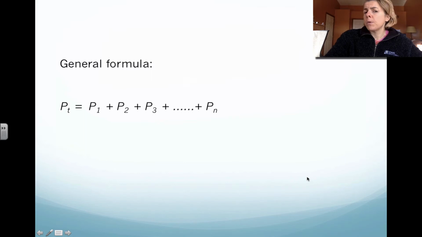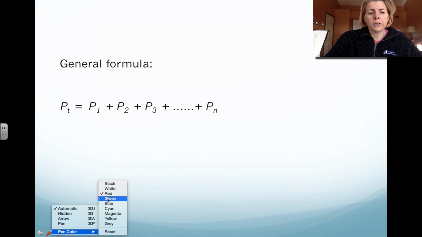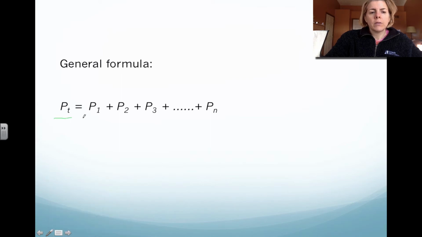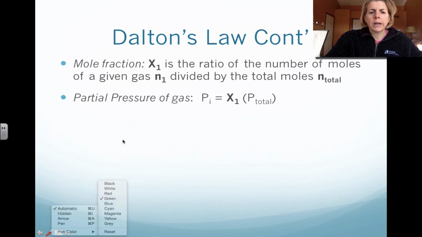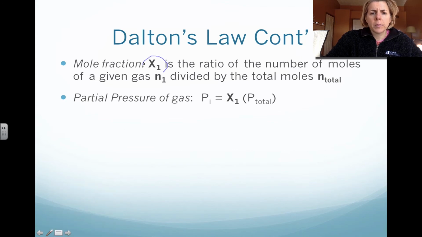This is the general formula. PT is the total pressure, and we're looking at the individual pressures and just summing them up. So if we have 5 gases, we'll have 5 pressures added together. Now, with Dalton's law, we have to use what we call mole fraction. With mole fraction, notice it's x sub 1, and we're going to use n to represent the amount of moles.